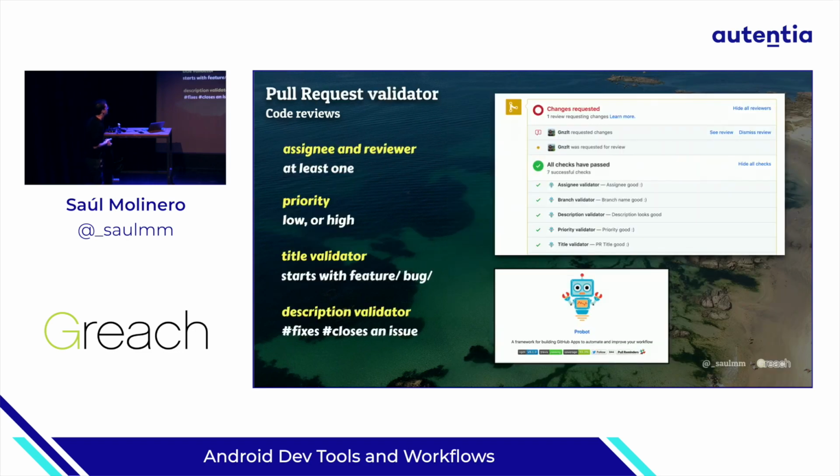And then we have some minor automations when running a pull request. For that, we made a very simple app with Probot. I think that's a framework, a library, or something like that, that allows you to receive the webhooks once a pull request is created.